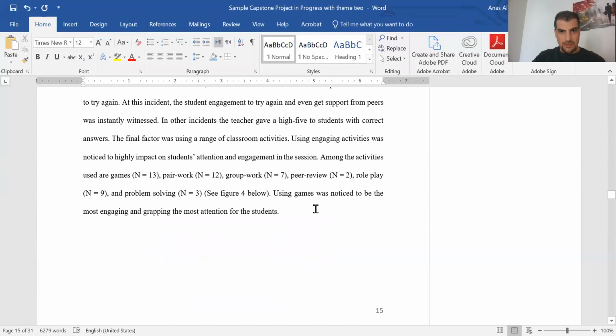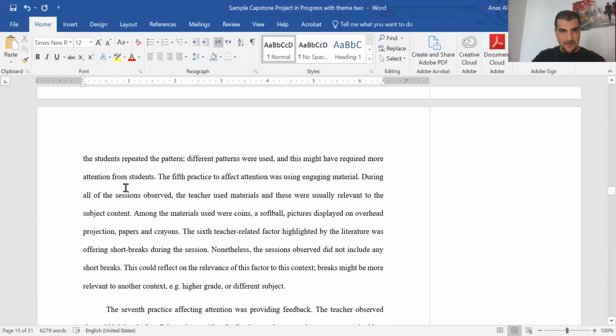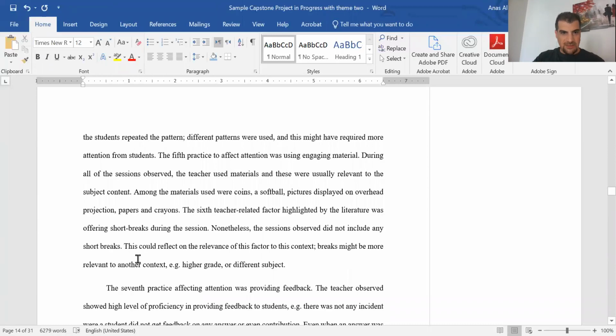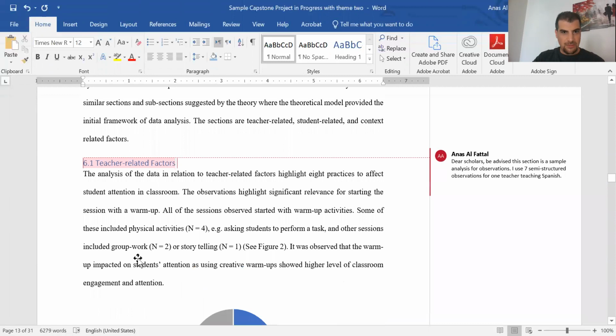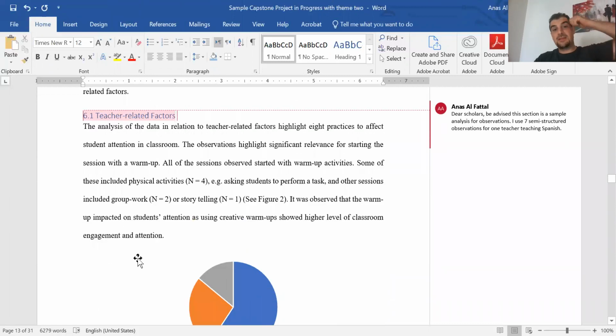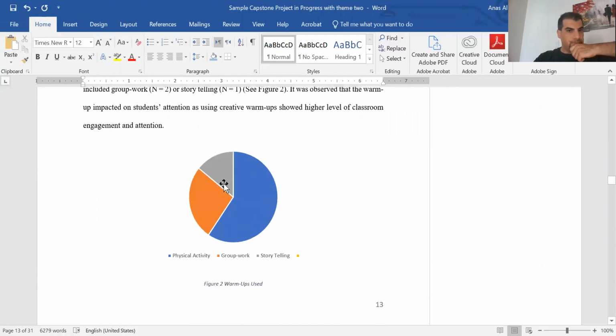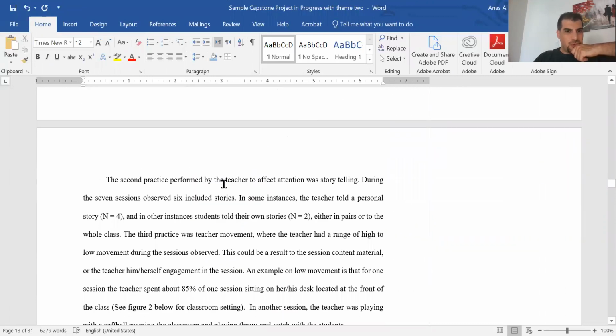And these were the techniques among the activities. So that's the seventh factor. No, I don't want the seventh factor. I want all of the factors. So from what I wrote, what was the most important issue?